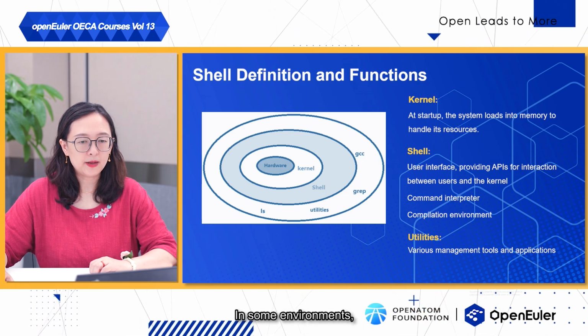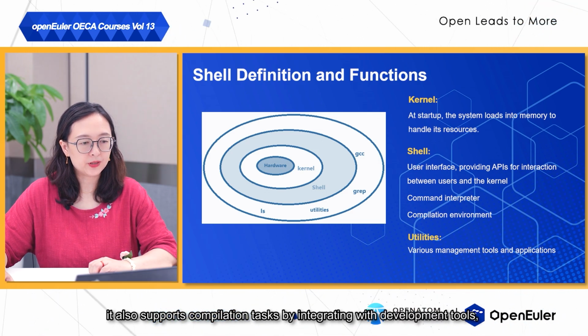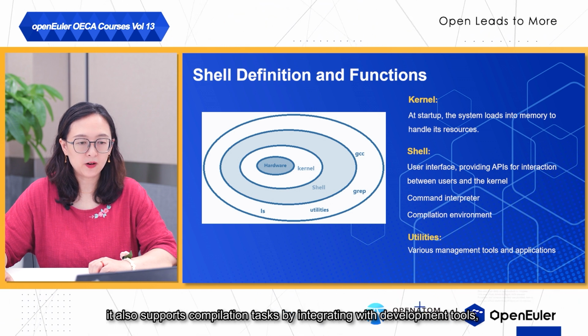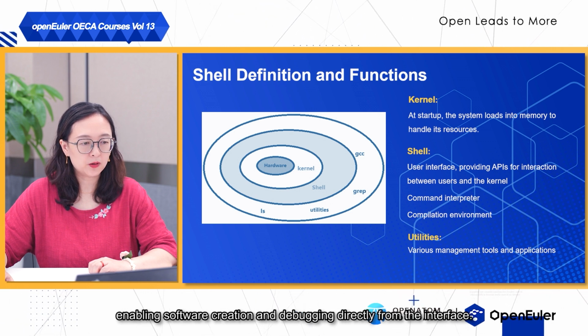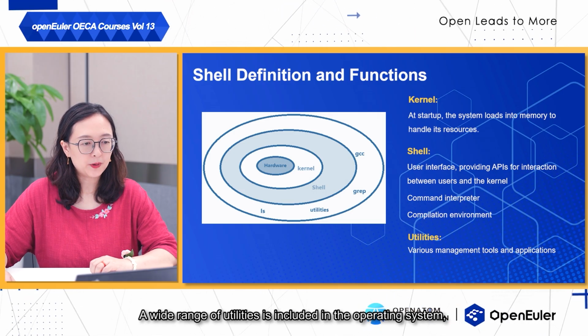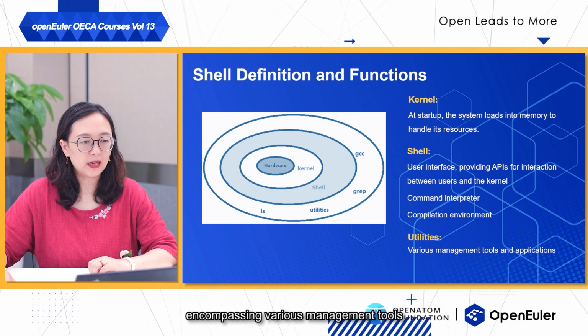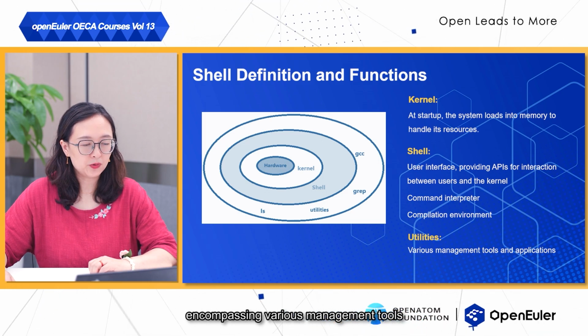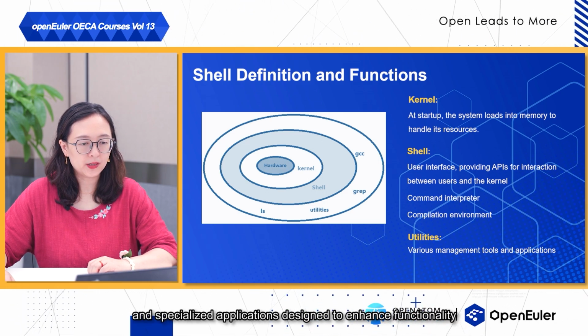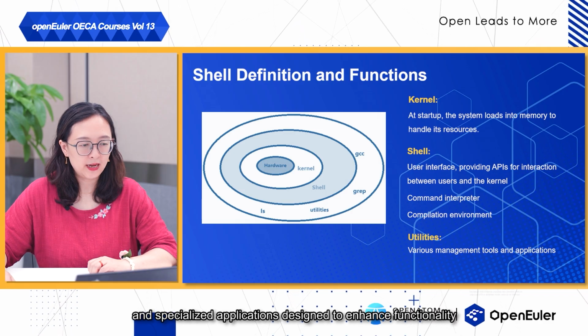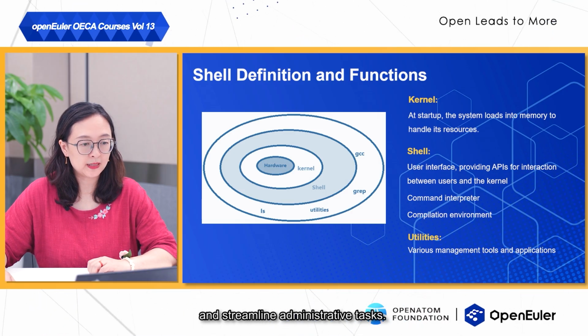In some environments, it also supports compilation tasks by integrating with development tools, enabling software creation and debugging directly from the interface. A wide range of utilities is included in the operating system, encompassing various management tools and specialized applications designed to enhance functionality and streamline administrative tasks.